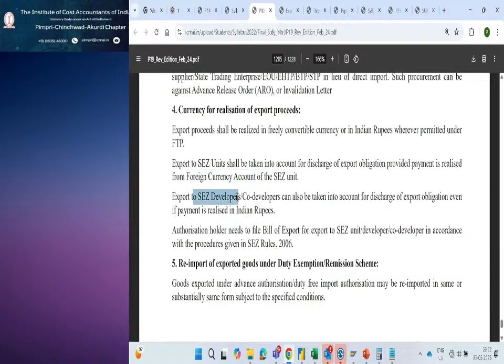Export to SEZ developers or co-developers can also be taken into account for discharge even if the payment is realized in Indian rupees.